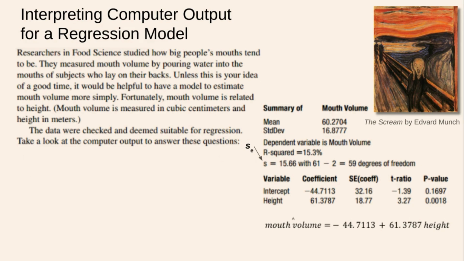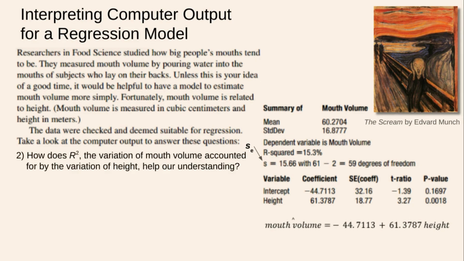All right, let's look at the next question. How does r squared, which is the variation of mouth volume accounted for by the variation of height, help our understanding? The r squared value, often called the coefficient of determination, or what our textbook calls the variation accounted for, how does that help us understand some more details about our regression analysis?